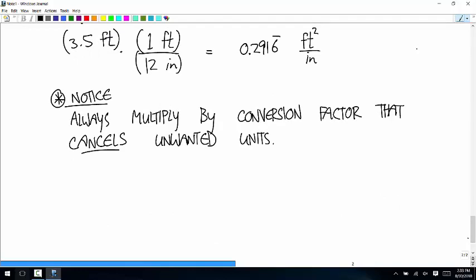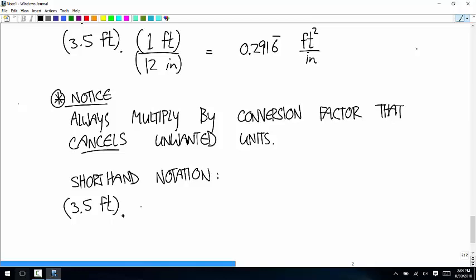I'll do a bunch of examples. I want to show you a shorthand that I'm going to use. So when I say 3.5 feet multiplied by 12 inches over 1 foot, I'm going to write that like this.